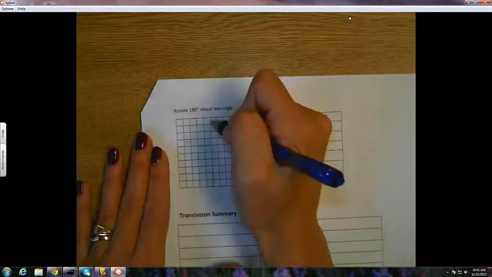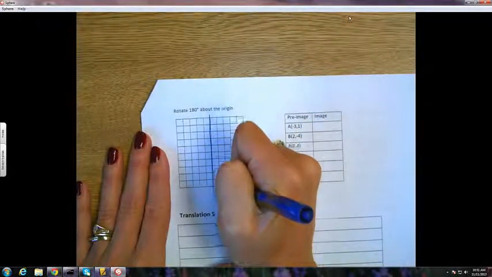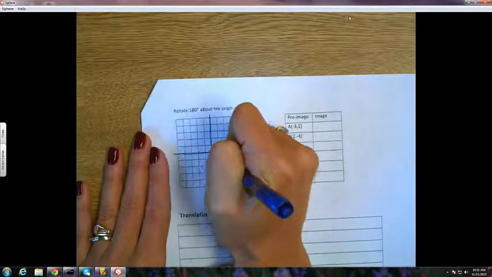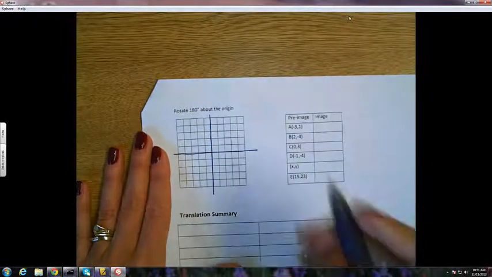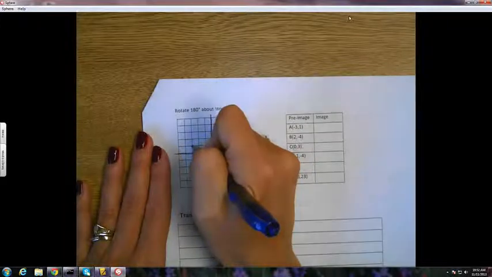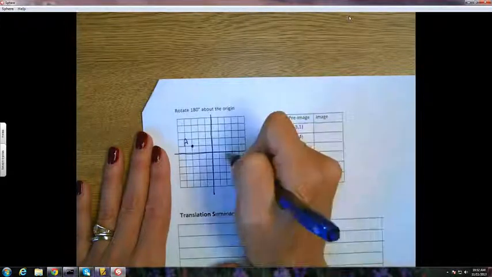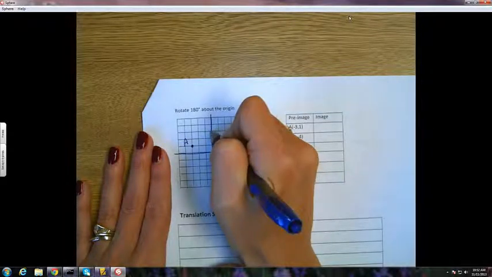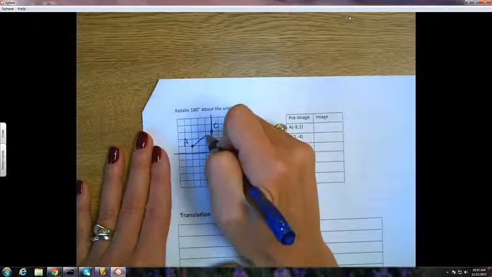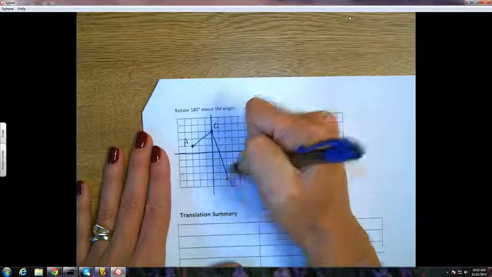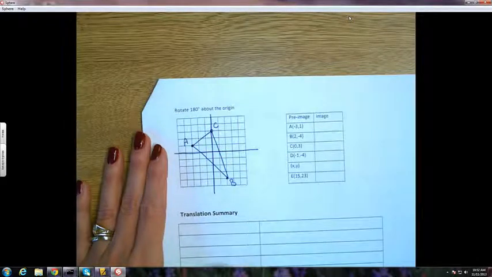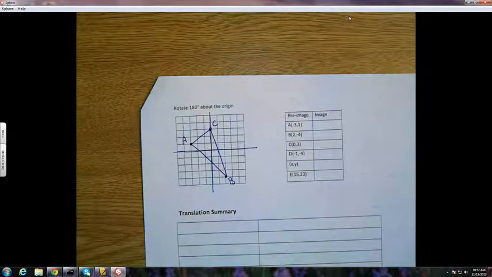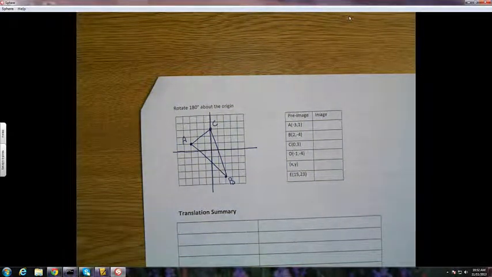Let's center the axes again. -3, 1, 2. Okay, this time we want to go 180 degrees around the origin.